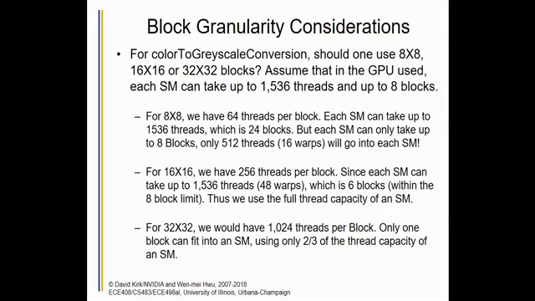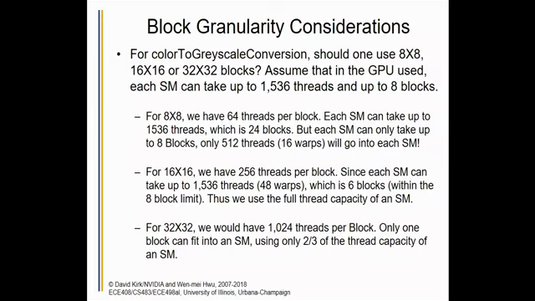From the thread point of view, the streaming multiprocessor can take up to 1,536 threads. Because every thread block has only 64 threads, theoretically we should be able to accommodate 24 thread blocks given that thread capacity.